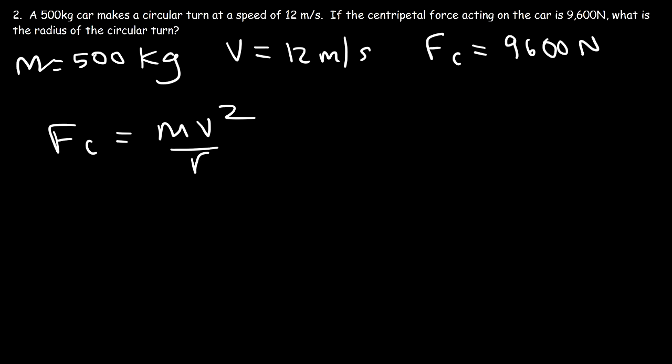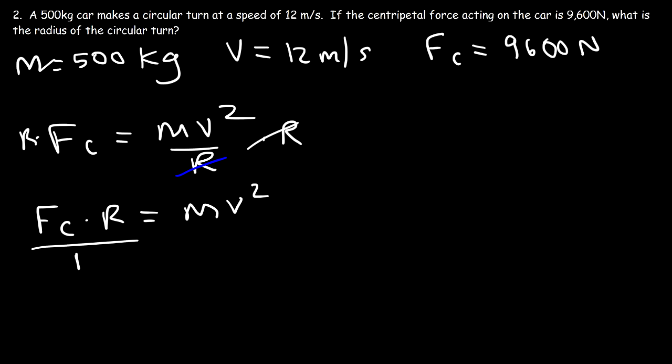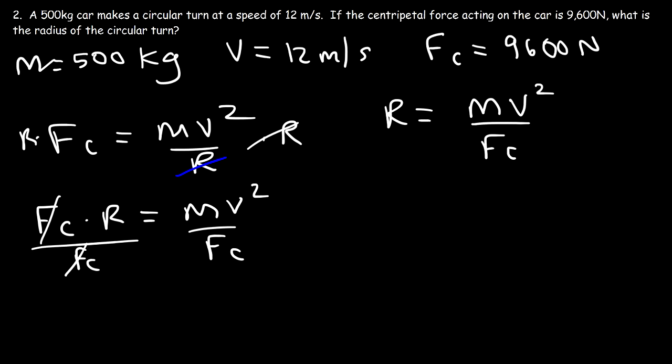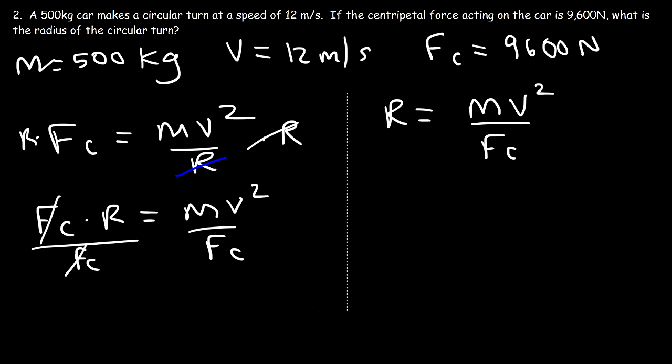So let's start with this equation, and let's rearrange it to get r. I'm going to multiply both sides by r, and so these will cancel. So I have the centripetal force times the radius is equal to mv squared. Next, I'm going to divide both sides by the centripetal force. So the radius of the circle is going to be the mass times the square of the speed divided by the centripetal force.